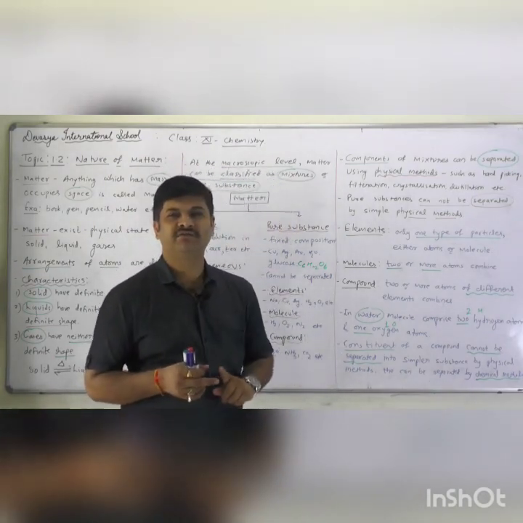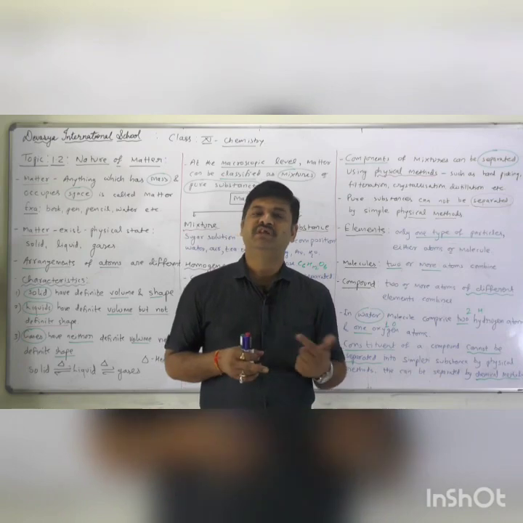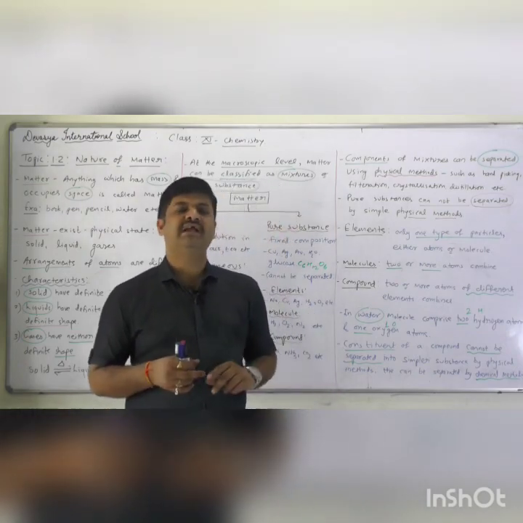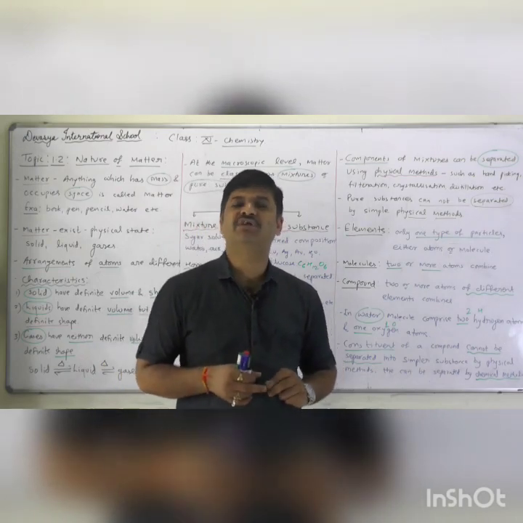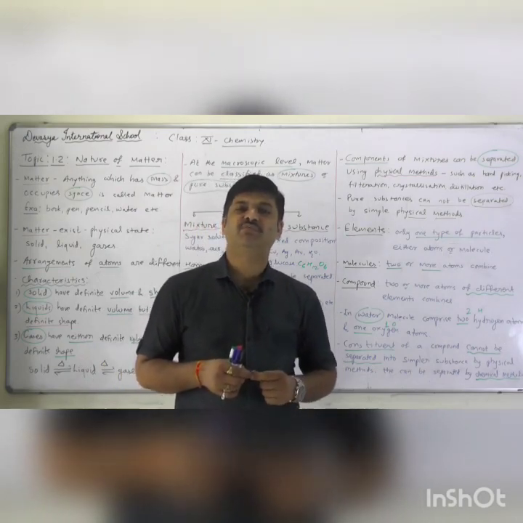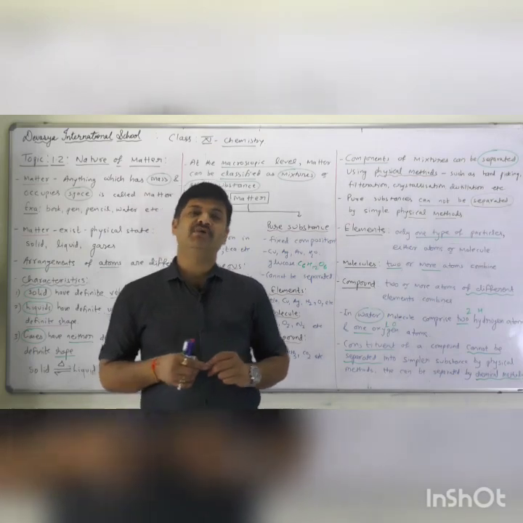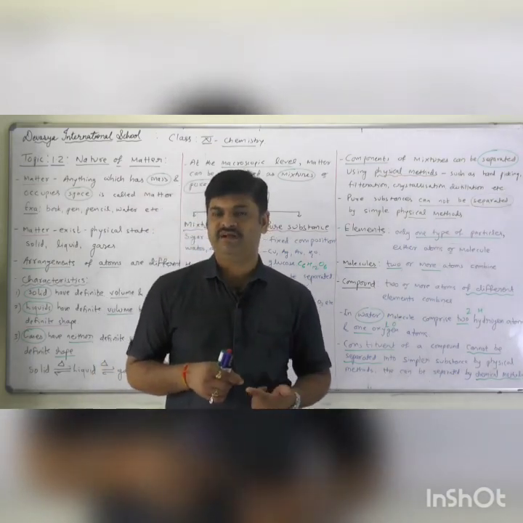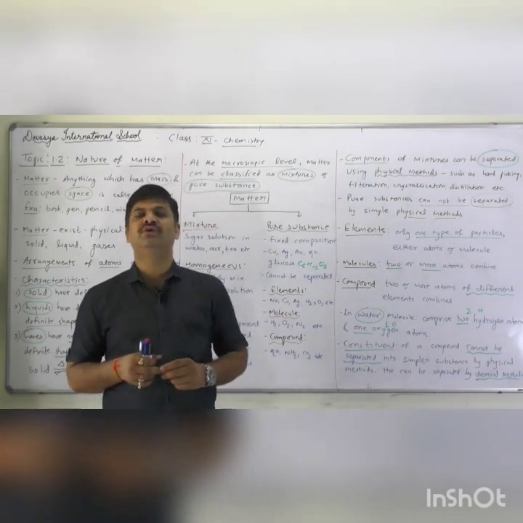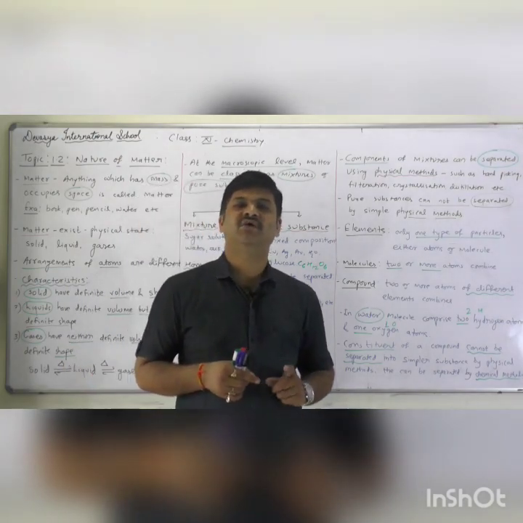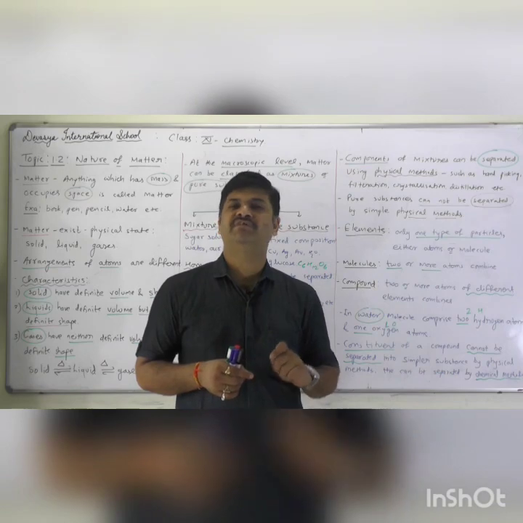The formula of water is H2O, so the number of hydrogen will be 2 and oxygen will be 1. Similarly ammonia's formula is NH3, where the number of nitrogen will be 1 and hydrogen 3. Similarly in CO2, the number of carbon will be 1 and oxygen 2. It will always be fixed.